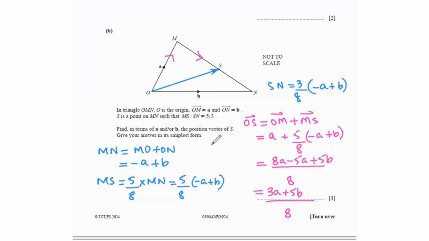That is your position vector for S in terms of A and B.